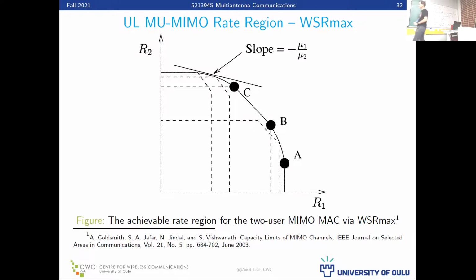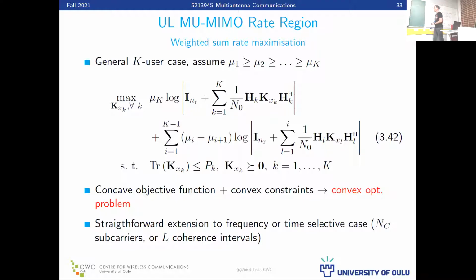Okay, the extension to the frequency selective case. You just add subcarrier indices. If you assume we have a frequency selective channel, you assume we have an FFT that converts the frequency selective channel to flat-fading subcarriers, like parallel channels. So you should add here the subcarrier index, and also the transmit covariance matrix is subcarrier specific.